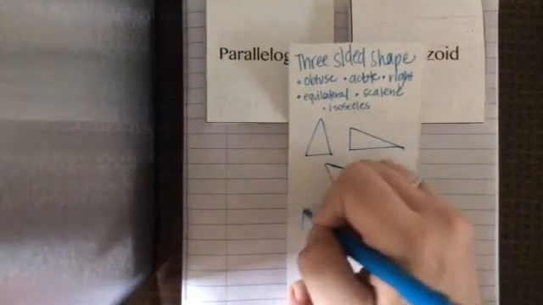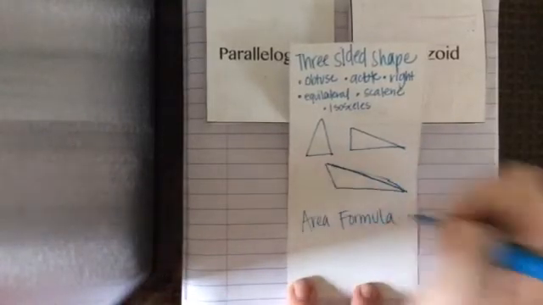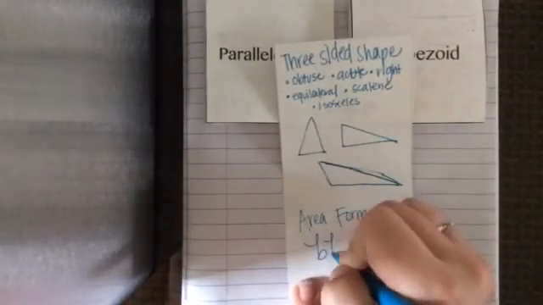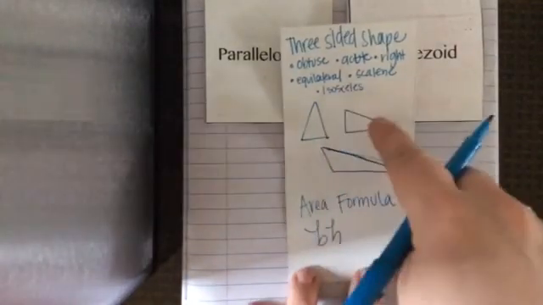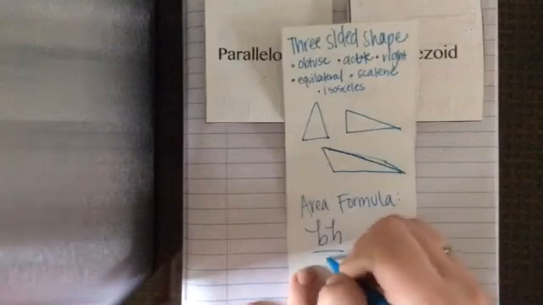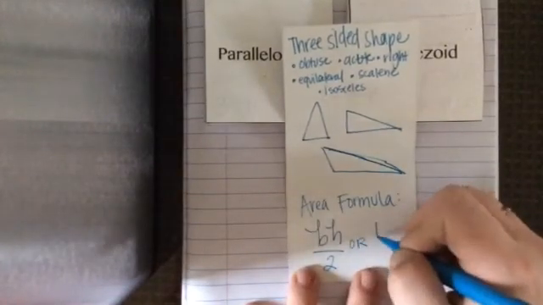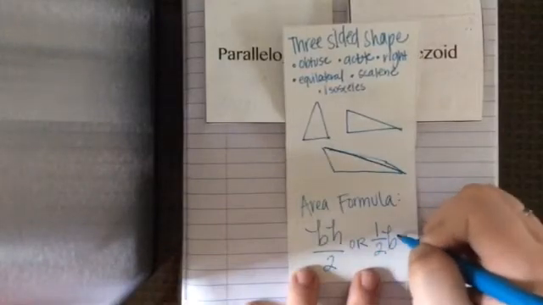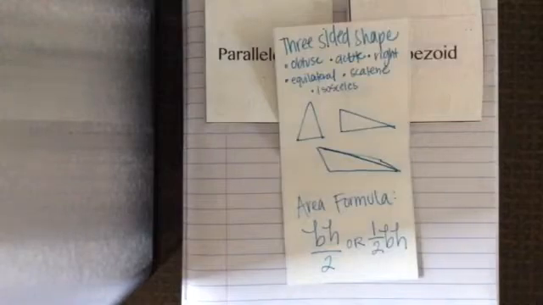So the area formula is base times height, because that's the rectangle, but I don't want a rectangle, I want a triangle, divided by 2. Or 1/2 base times height, because 1/2 and dividing by 2 are exactly the same thing.